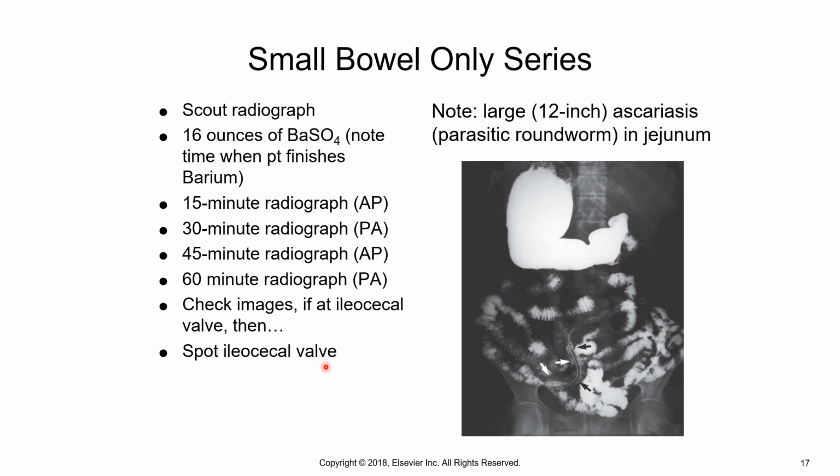It could be an hour, it could be 2 hours, it could be the next day. It completely depends on where the barium is in the patient's system, because remember, this is considered a functional study. Okay? It's functional because it's timed. That's the biggest thing. When it's timed, it's considered a functional study.